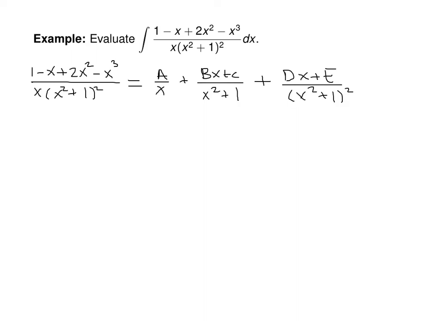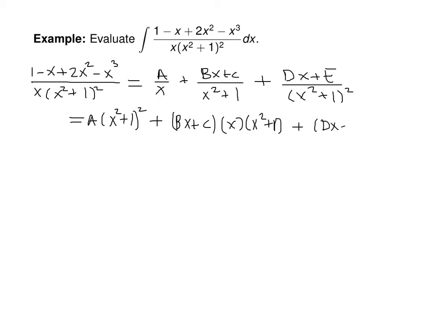Okay, so now when you multiply by the denominator of the left-hand side, you clear that out. The a is multiplied by x squared plus 1 squared. The bx plus c is multiplied by an x and an x squared plus 1. And the dx plus e is multiplied by an x.